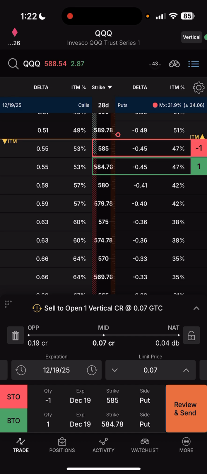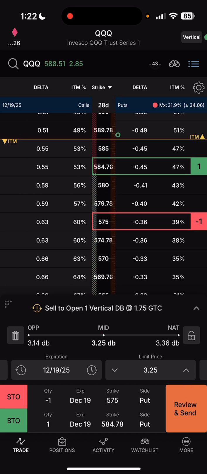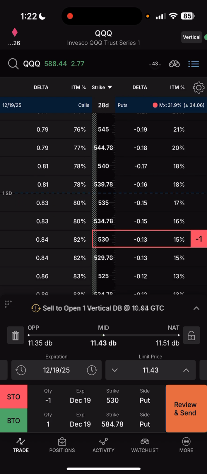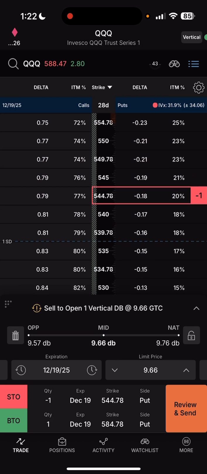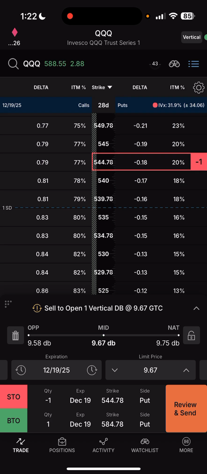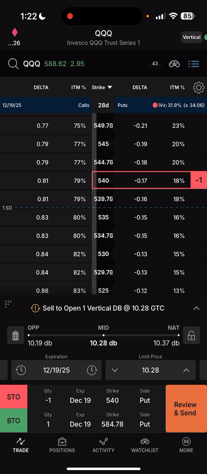So I typically move the sell option down first, which is the red. Okay. Now, since there's some dividends, we've got the 539.78, which is going to occur before our 28 days. I typically don't like to trade the dividend prices.